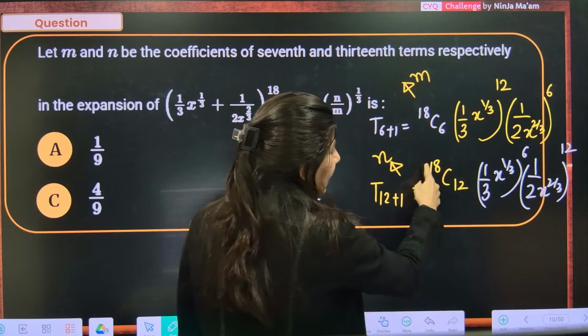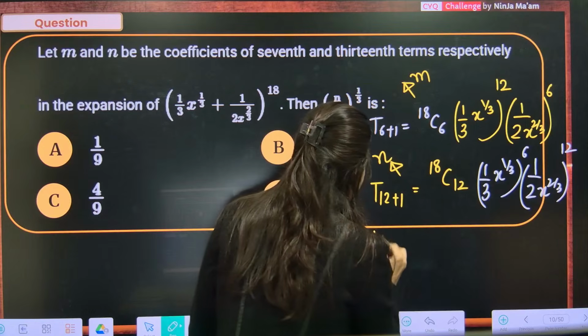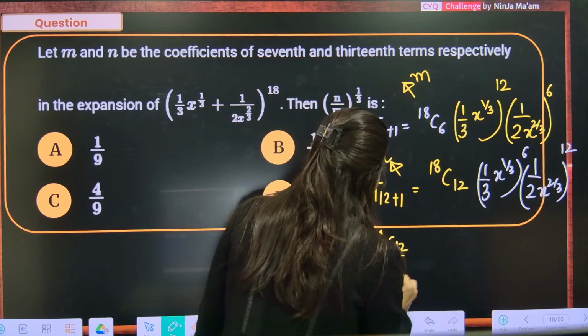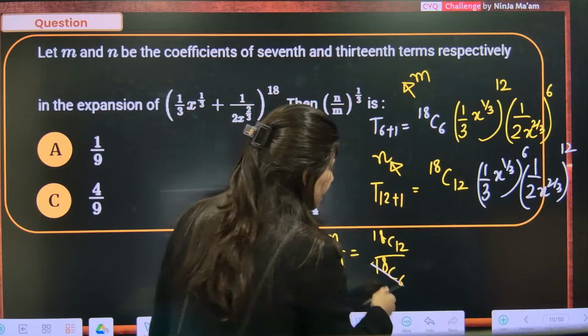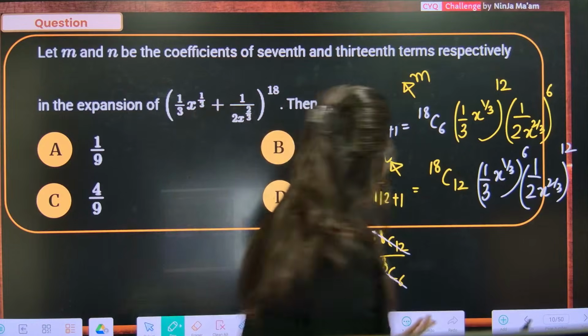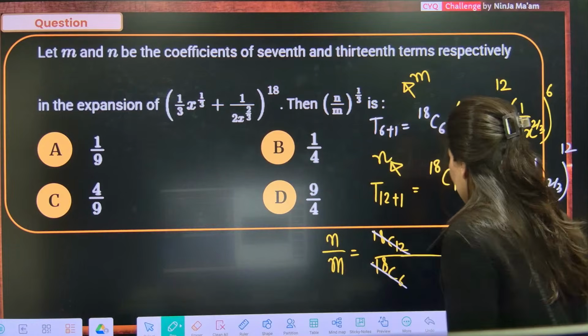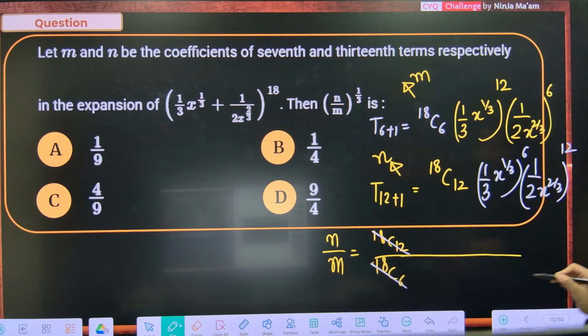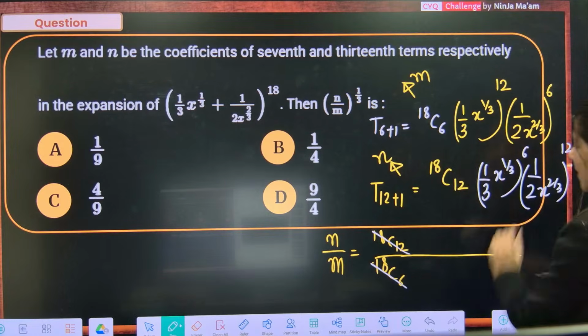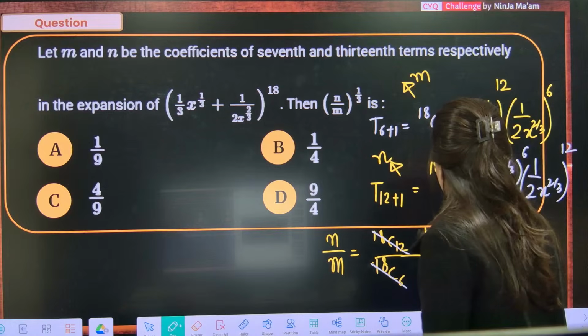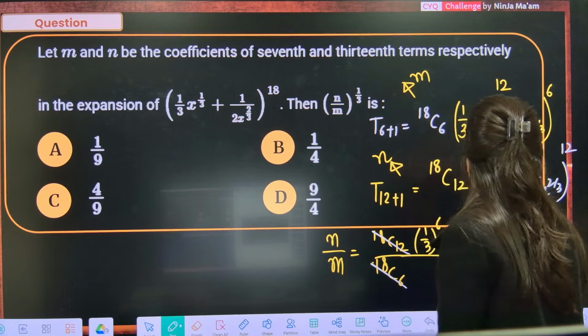This is N. 18C12 upon 18C6. And you know what? 18C12 and 18C6 both are the same. I hope you know nCr equals nC(n minus r). Now again, 1 by 3 power 6 and 1 by 2 power 12.